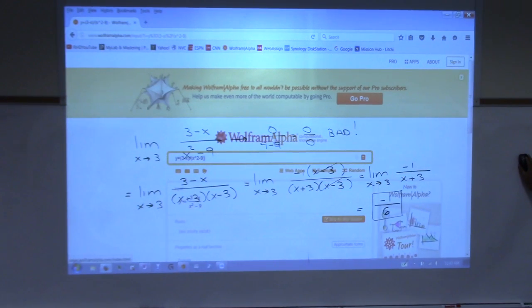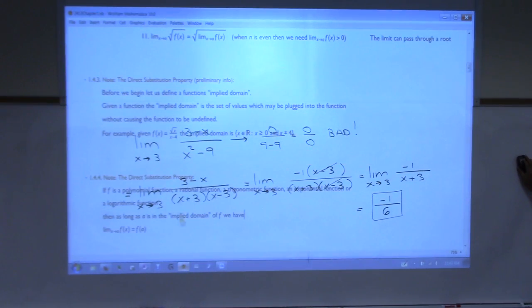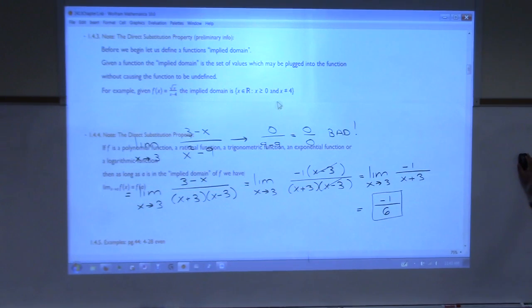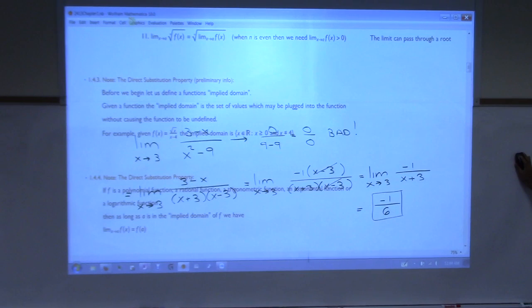Wolfram Alpha, the company Wolfram, is the same as the company that makes this program, which is where I do all the notes. And I could graph everything through this program also, but Wolfram Alpha's brains is this program, which is called Mathematica, Wolfram Mathematica.